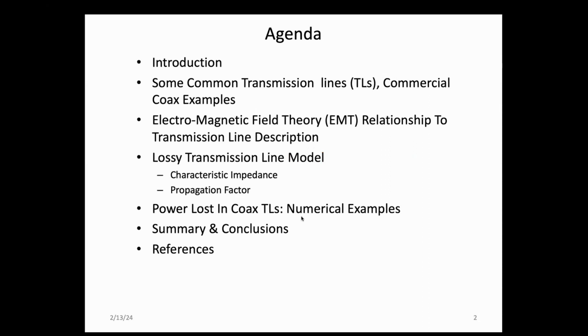And we'll use that description to calculate the characteristic impedance and the propagation factor. Those are two related quantities that we want to take a look at. And then finally, I'll give some numerical examples of power lost in coaxial transmission lines, and then close it with some summary and conclusions. Next slide, please.